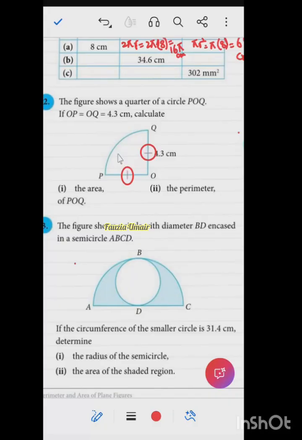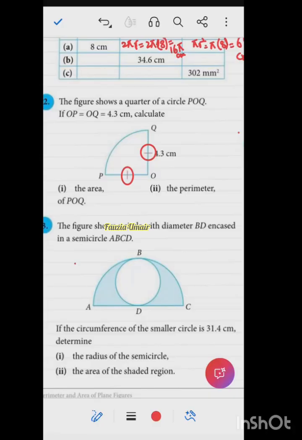O is the center of the circle, and if we connect O with any point of the circle, that is called a radius. So even if it is not mentioned in the question, we will use this fact and equate them. I'm going to draw this on the whiteboard, and then we will solve it.